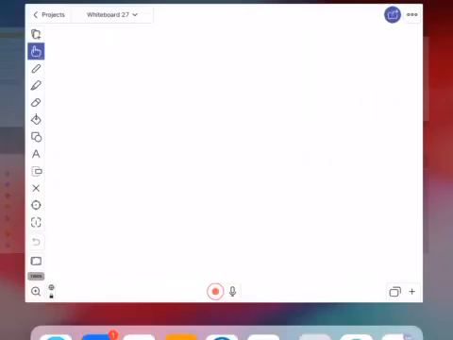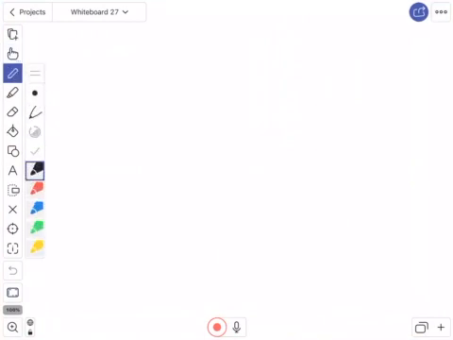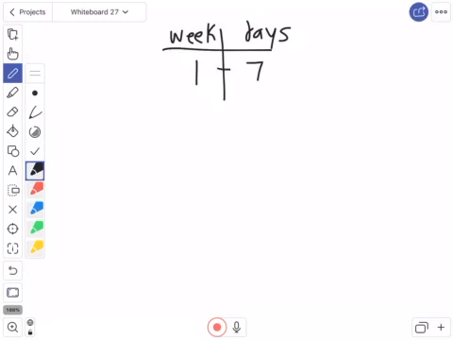So just to kind of review a little bit of how that works. Remember, I always like to think about this as like a data table. I can think about weeks here, and I can think about days on this side. So if I have 1 week, that equals 7 days. And then if I have 2 weeks, how many days would that be?